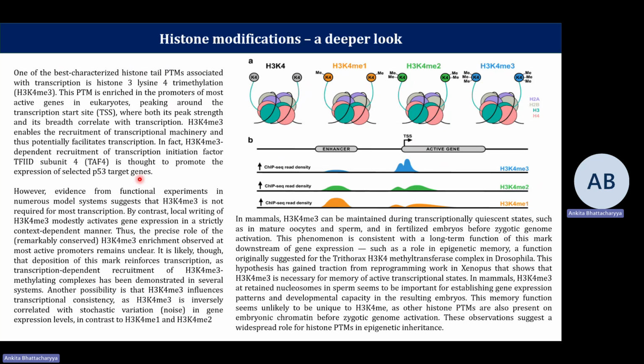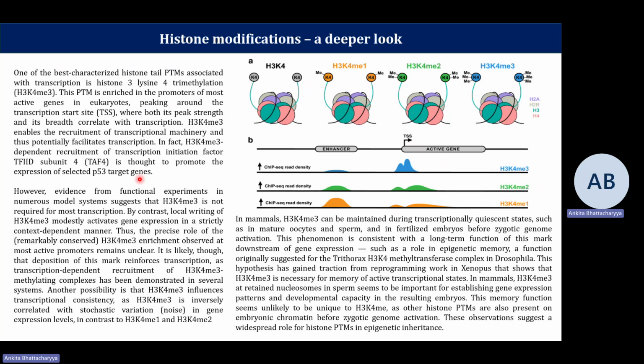How does it help? This has previously been studied in Drosophila, where the trithorax H3K4 methyltransferase complex was studied. It showed that retention of epigenetic memory in embryos or in the gametes is necessary. This hypothesis also gained traction from reprogramming work performed in Xenopus, which is frogs, that showed that H3K4 trimethylation is necessary for the memory of active transcriptional states.